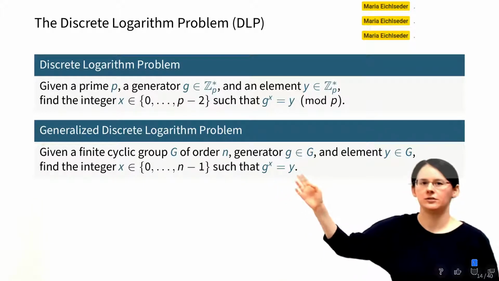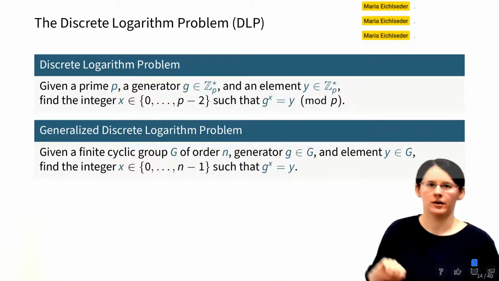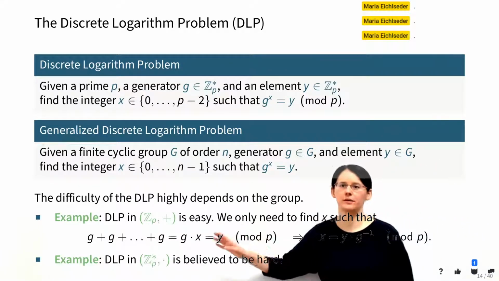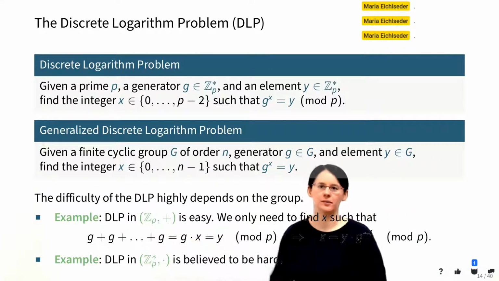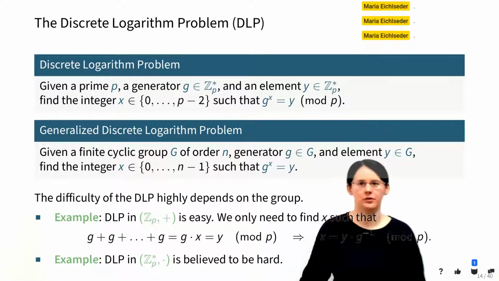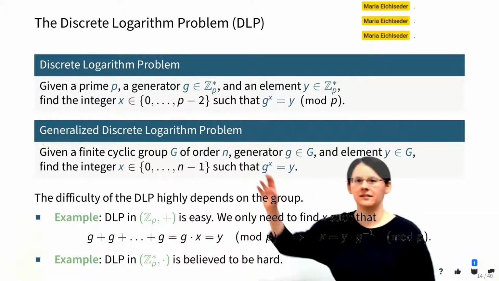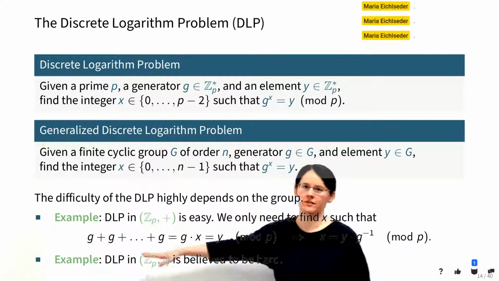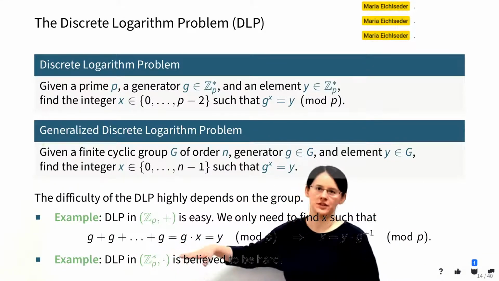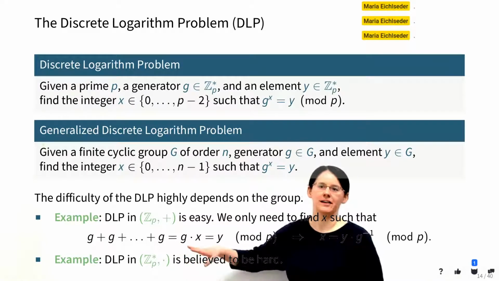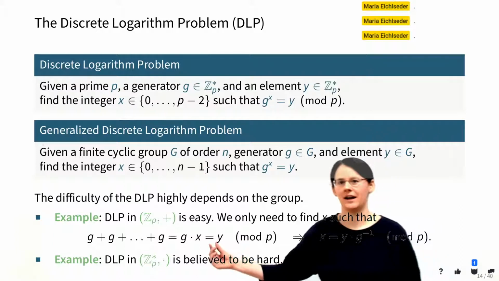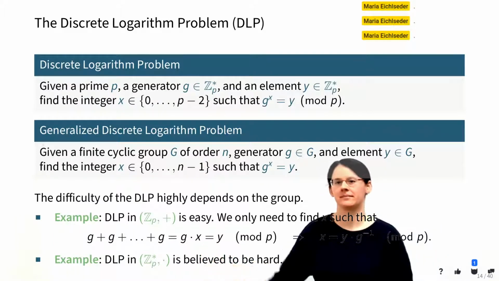If we would need to denote it by addition, this would look a bit different, namely, assume we would be talking about the additive group modulo p. Then applying the group operation iteratively, so g plus and so on plus g, is actually the same as multiplying g by the scalar x, where x is the number of times I apply the group operation.